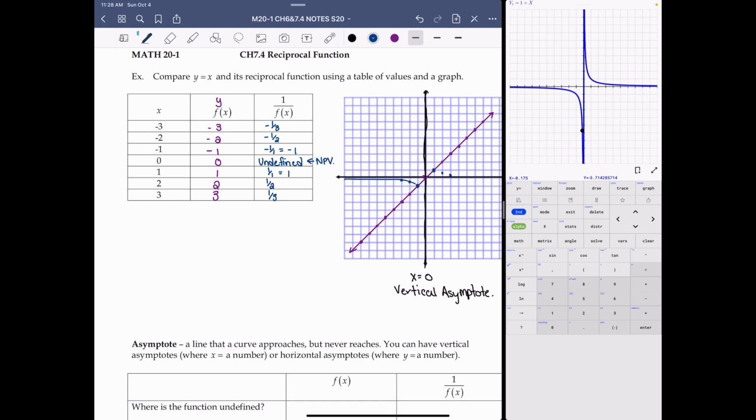They curve around through these points that we have, and then get really, really close to the y-axis, but they never actually touch either axis. And the same with the other side: it gets very, very close, goes through those points, and then gets very, very close over here as well. So that's what our reciprocal function looks like, the two blue parts.